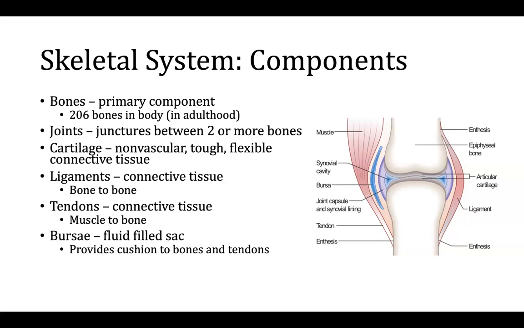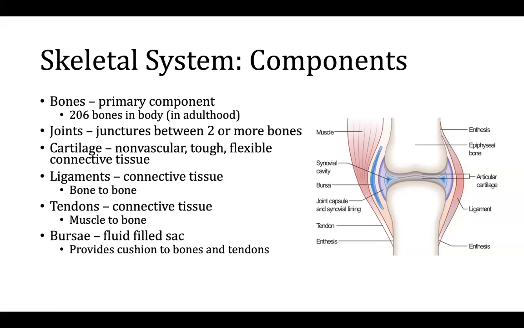things. What we also have are joints, which are junctures between two or more bones. So think about your hands, elbows, shoulders, knees, hips, all of those locations where two bones are meeting is considered a joint.